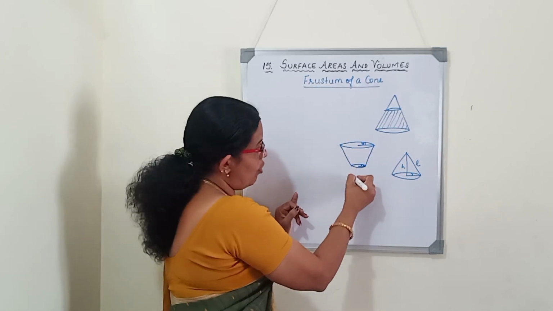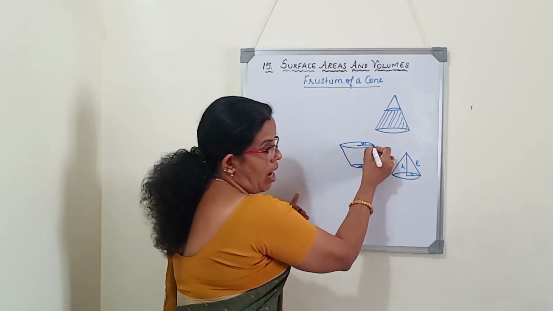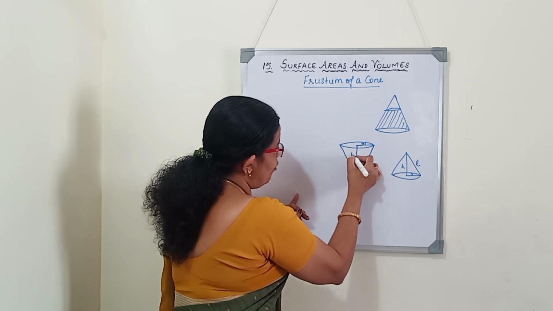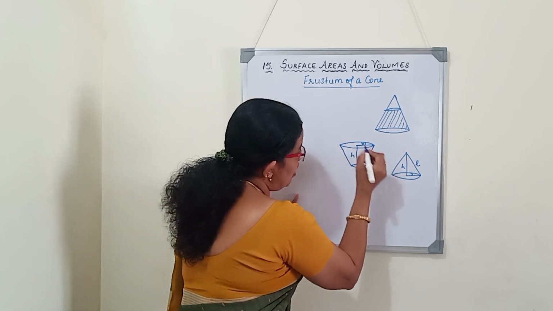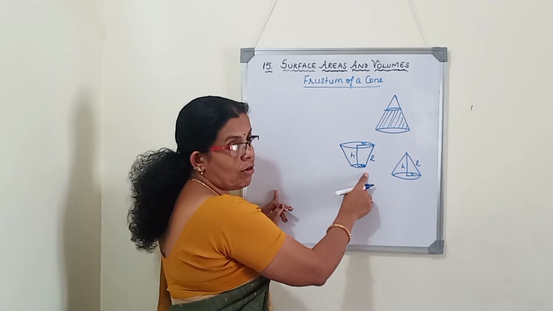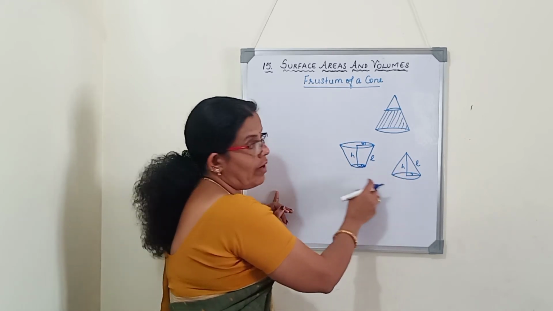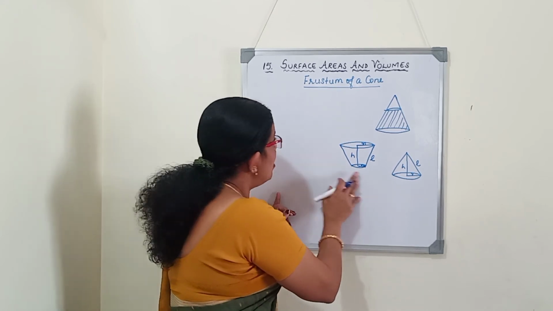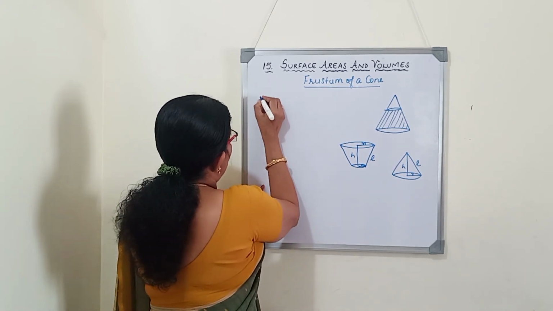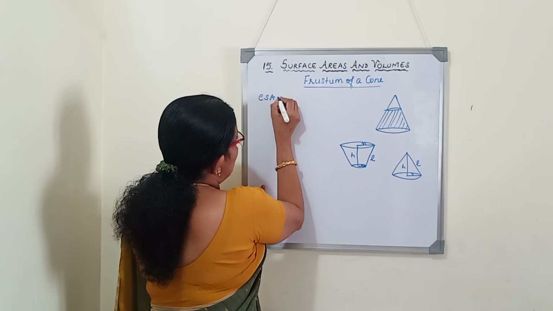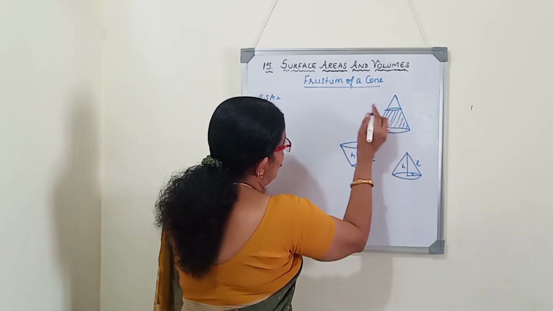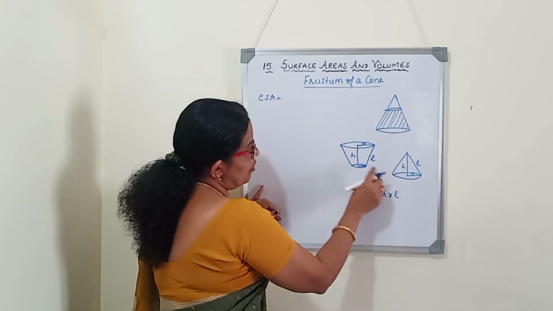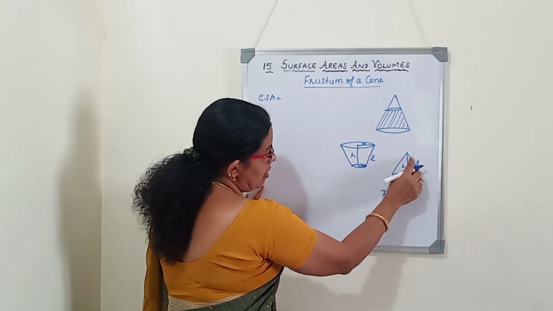For the frustum of a cone, bigger radius R1, smaller radius R2. This is the height of the frustum of a cone and this is the slant height of the frustum of a cone. Same like cone, we have three formulas: CSA, TSA and volume. CSA of a cone is pi R L, where R is the radius of the cone and L is the slant height.